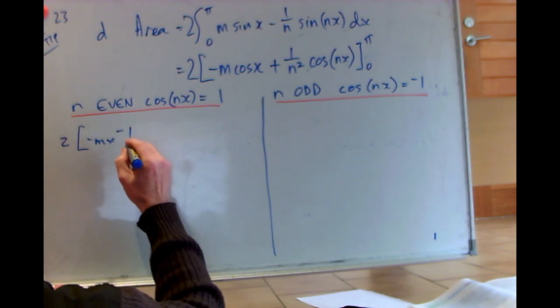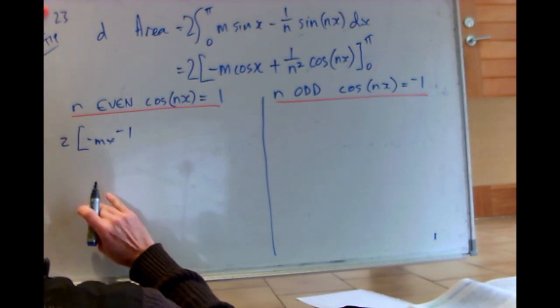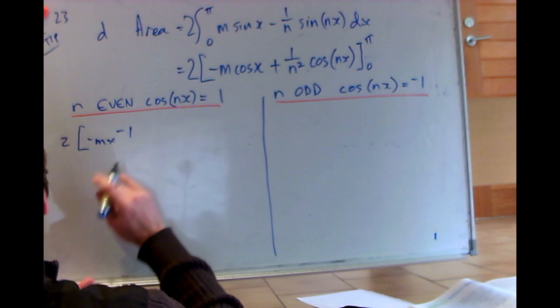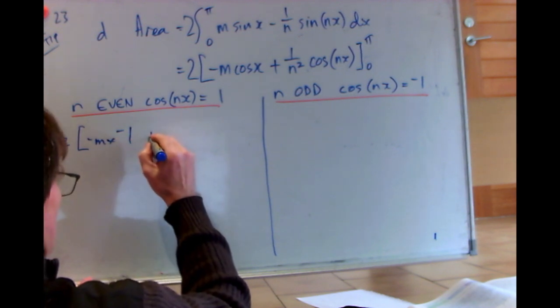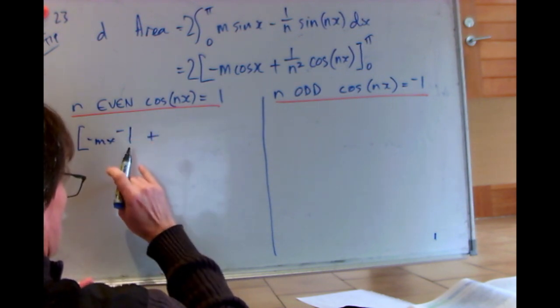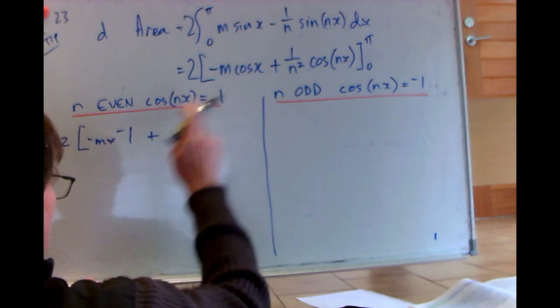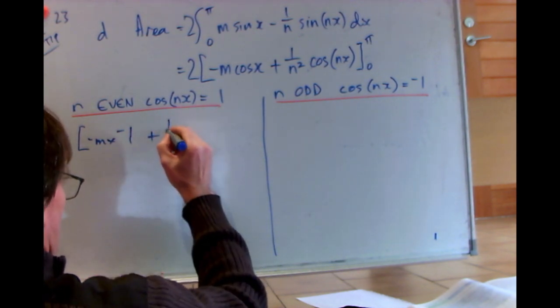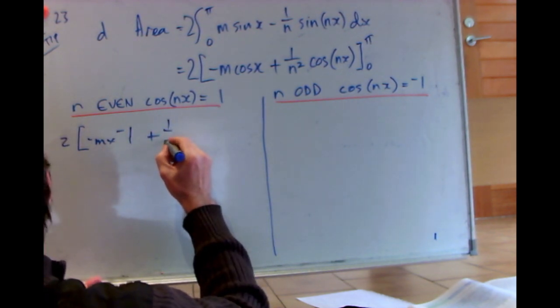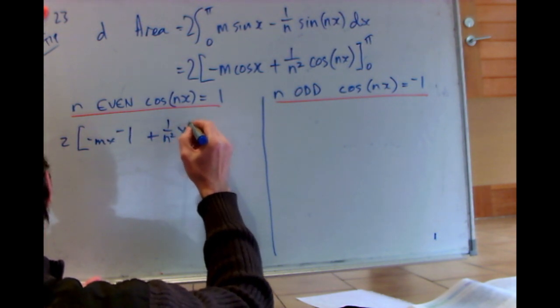Substitute pi in and I get -m times cos of pi, which is -1, and then plus 1 on n squared times, and don't forget cos nx will come out to be 1 if it's even, so it'll just be times 1.